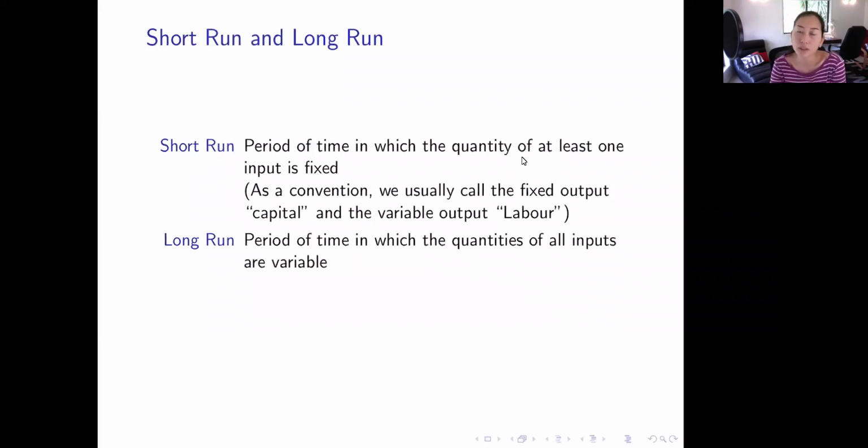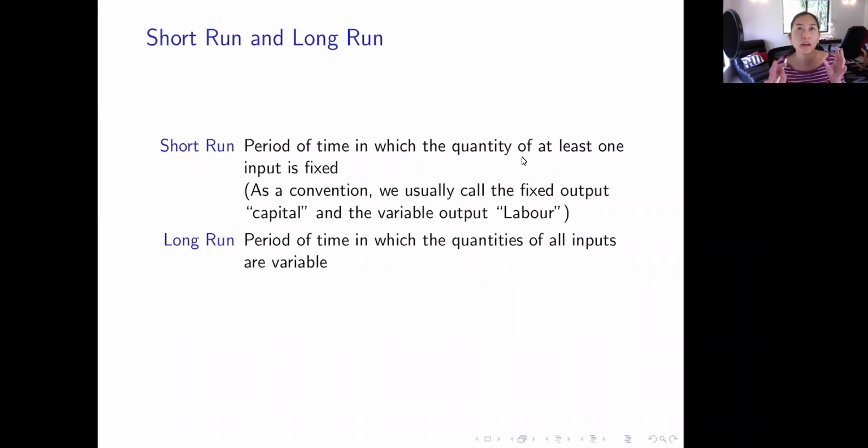Short run and long run, I think you are probably very familiar with them, so I'm just going to go over it quickly again. Short run is a period of time in which the quantity of at least one input is fixed. As a convention, we usually call the fixed input capital and the variable input labor. The long run is a period of time in which the quantities of all the inputs are variable.